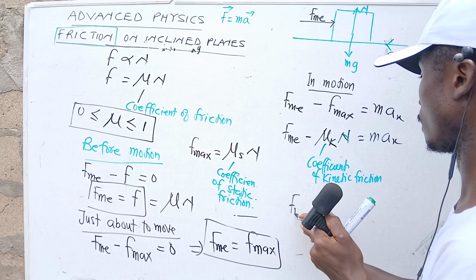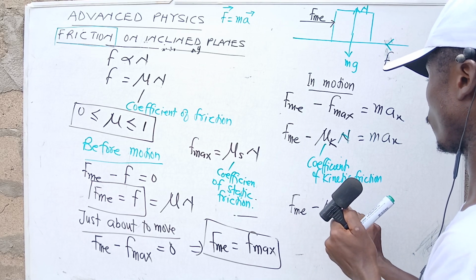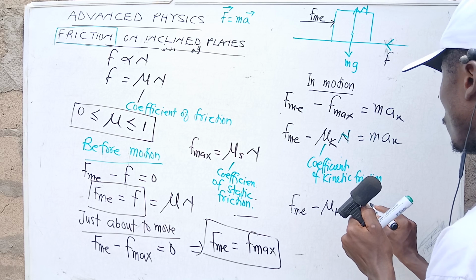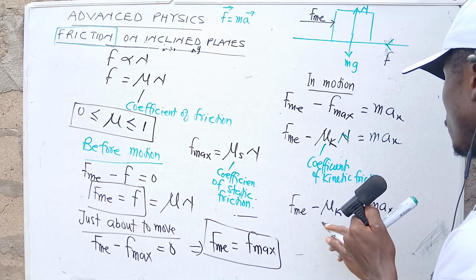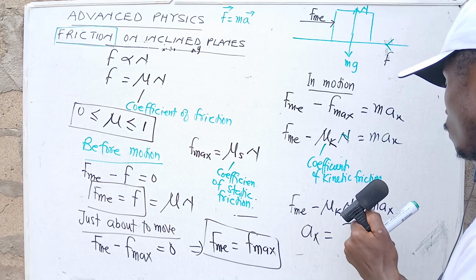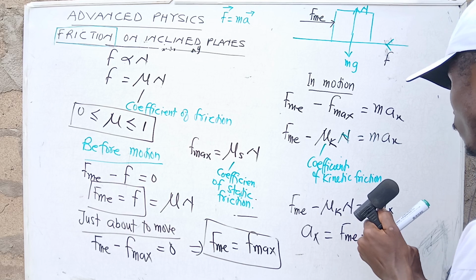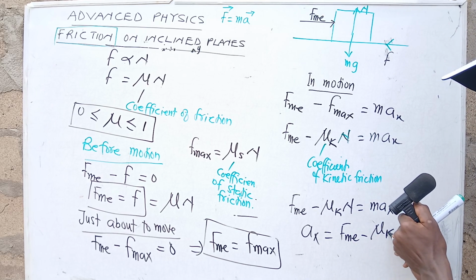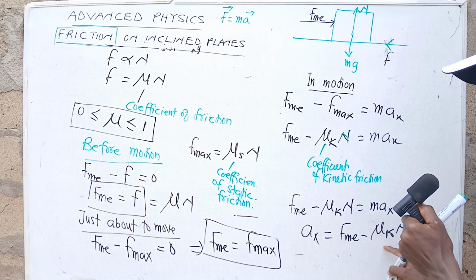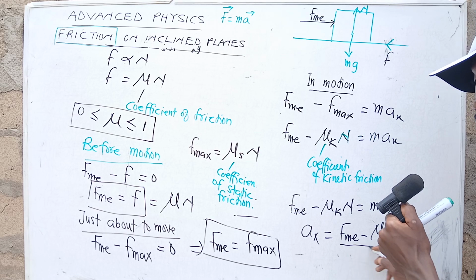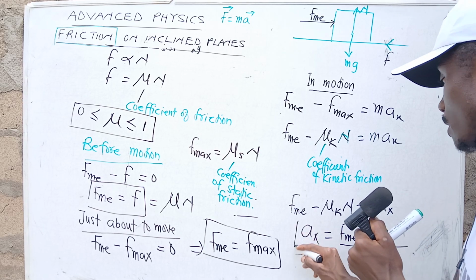So F sub me minus the coefficient of kinetic friction times N is equal to m a x. Therefore, a x will be the force you apply minus the coefficient of kinetic friction times the normal reaction, the whole of this divided by the mass of the object.